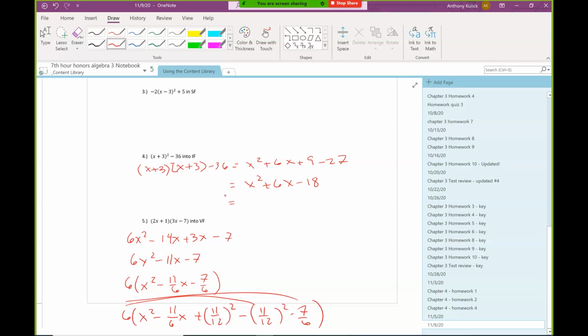Oh my goodness. Look what I did. How dumb am I? I had the 36 there and I turned it into a 27. Yeah, because I knew what was coming, apparently. I already did the 9 and the negative 36 to write the 27 there. Boy, oh boy, Mr. Kulik. That was a silly mistake. I was like, but two numbers don't do this. I thought I worked these all out. This one does, though. Two numbers that multiply to give me negative 27 and add to give me positive 6 are 9 and negative 3.